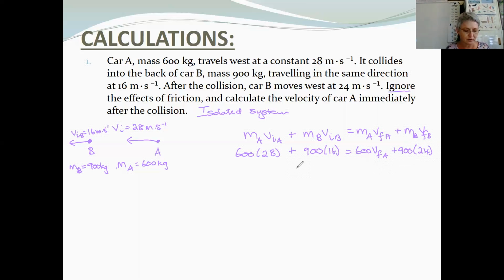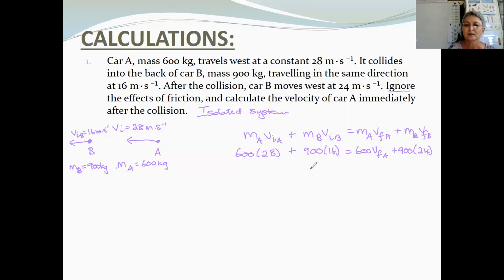So let's do the calculation. It's 600 times 28 plus 900 times 16, and then I need to subtract the 900 times 24, and we get 9,600, which must be divided by 600.